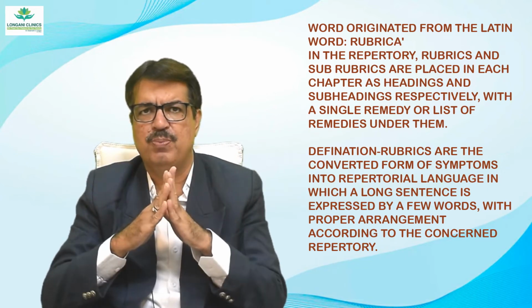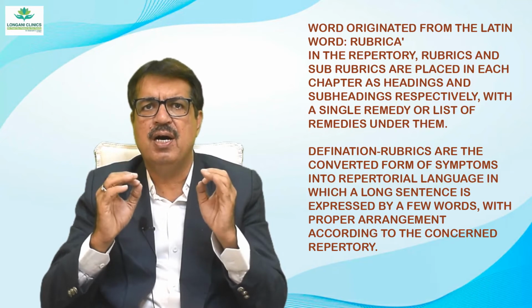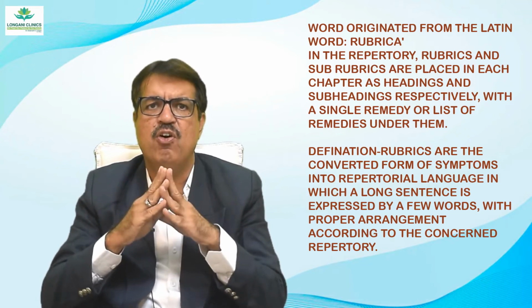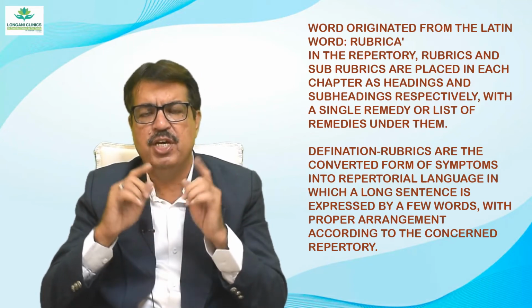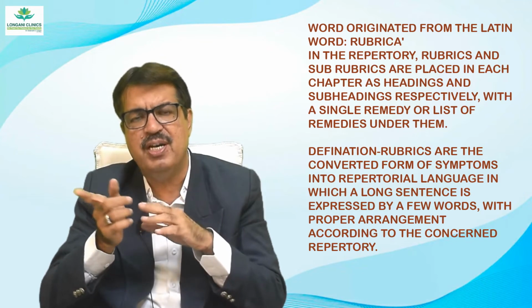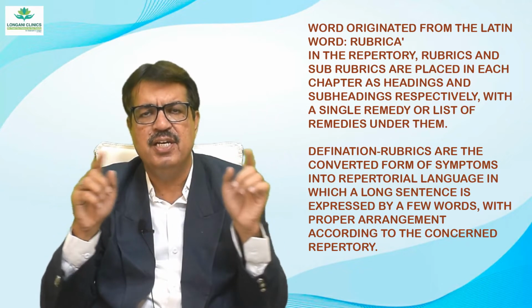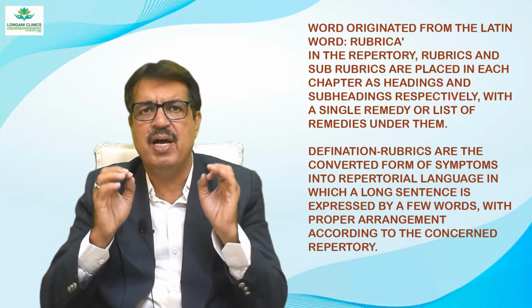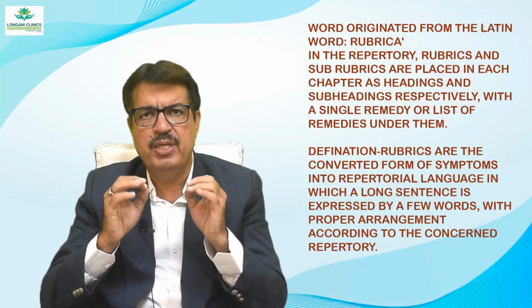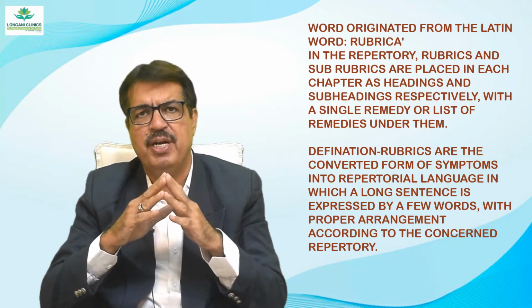The definition of rubric: rubrics are the converted form of the symptoms into repertorial language in which a long sentence is expressed by few words with proper arrangement according to the concerned repertory.